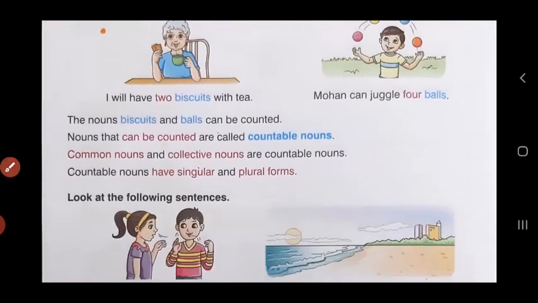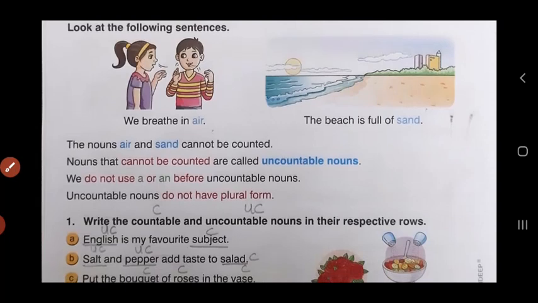Now let's look at uncountable nouns. We breathe in air. Now the noun over here is air. But can you count air? No, because air cannot be seen and air is everywhere. So air cannot be counted.